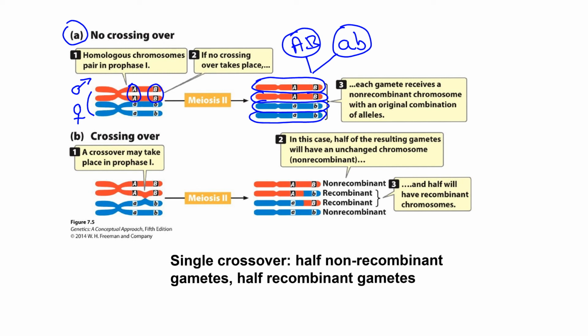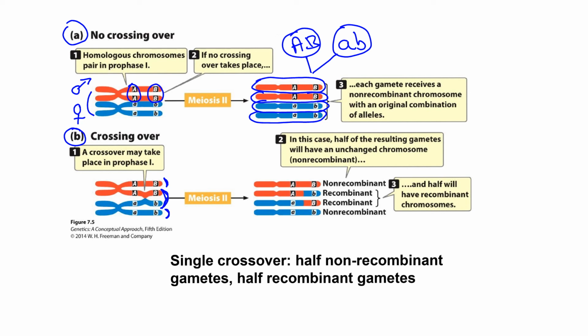So if we consider crossing over between two non-sister chromatids in the homologs, what would happen under this scenario is outlined right here. Look at the chromatids which didn't undergo recombination. These two chromatids will give rise to gametes which will have the parental combination of alleles. We said they are non-recombinant.